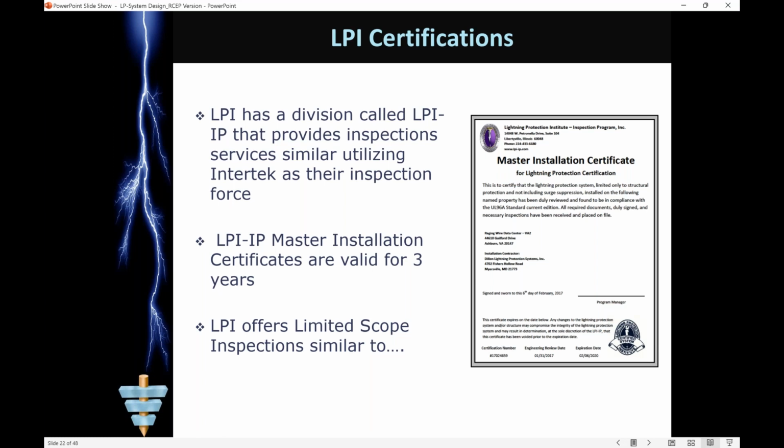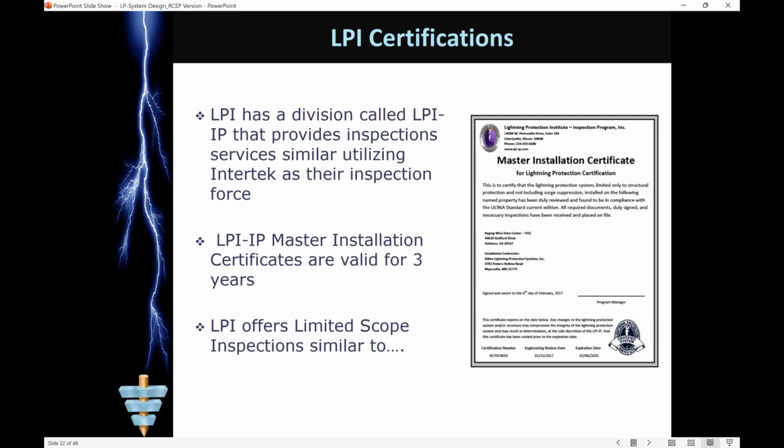LPI, like I said, is good for 3 years, and they also offer a limited scope inspection. And when we're talking about these 3 years or 5 years, that is if nothing on the rooftop has changed that may compromise the system. The best example of this is you may have a 5-year master label, and then if the facility goes and adds security cameras, that could void the system out.